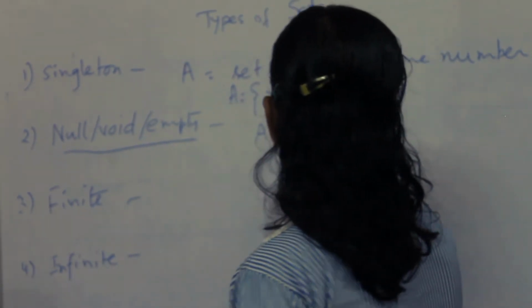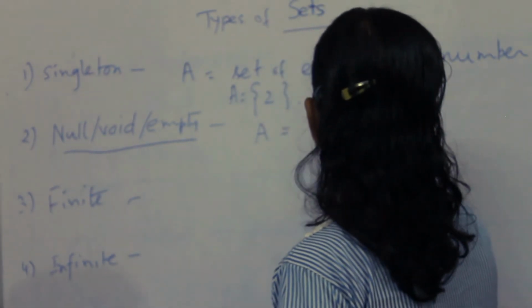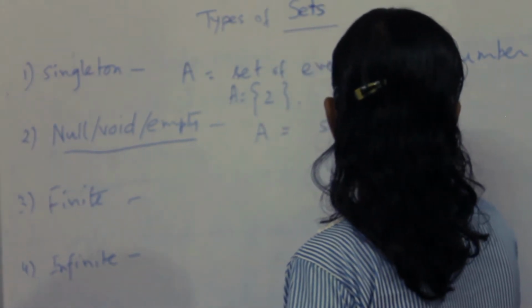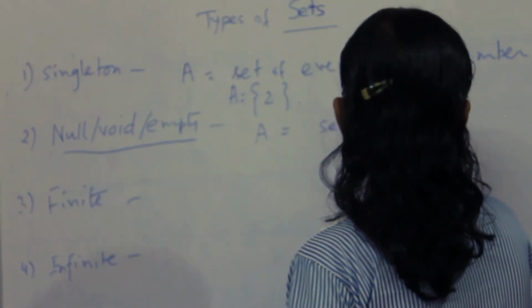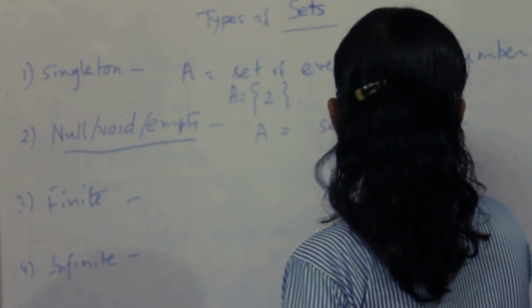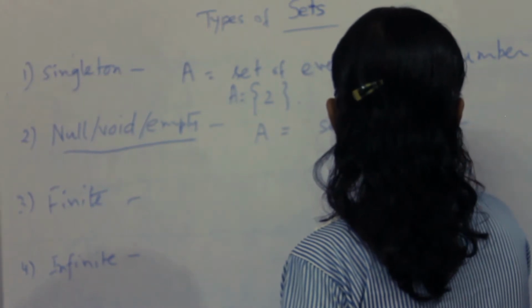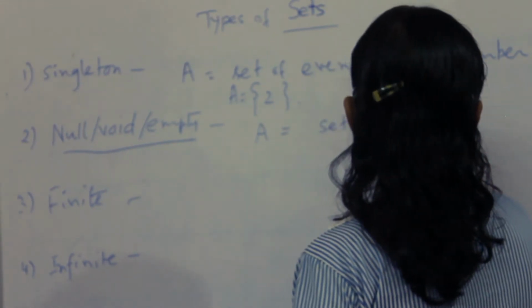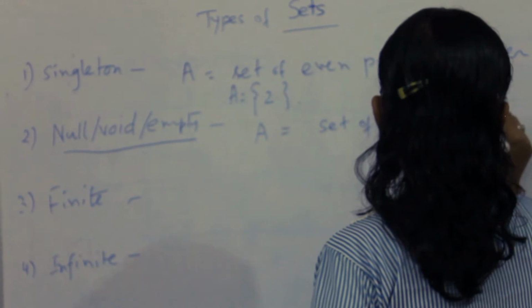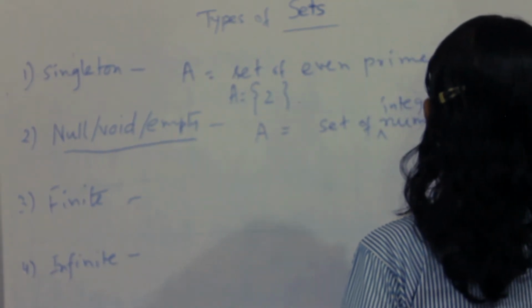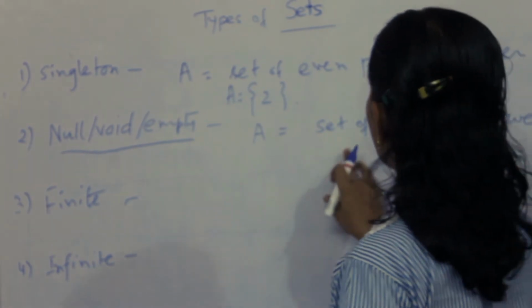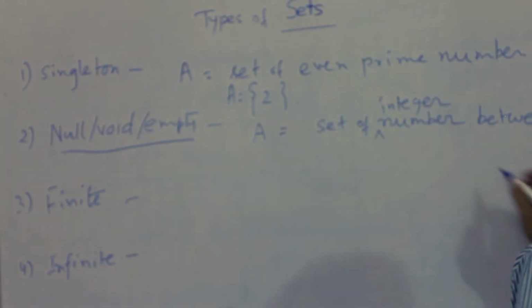A is a set of integer numbers between 1 and 2. So how many numbers will come?